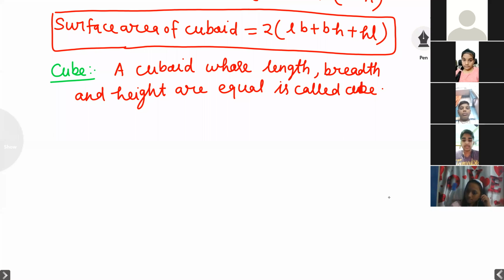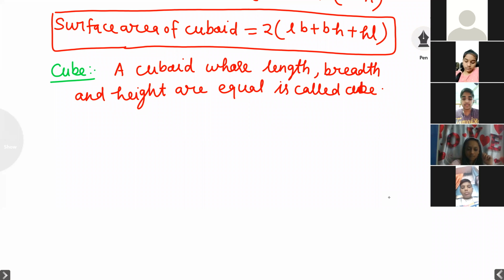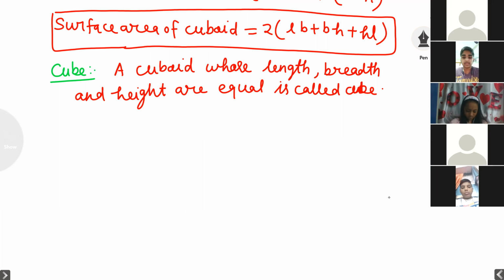Yes, a cuboid whose length, breadth and height are equal is called a cube. Draw one figure.